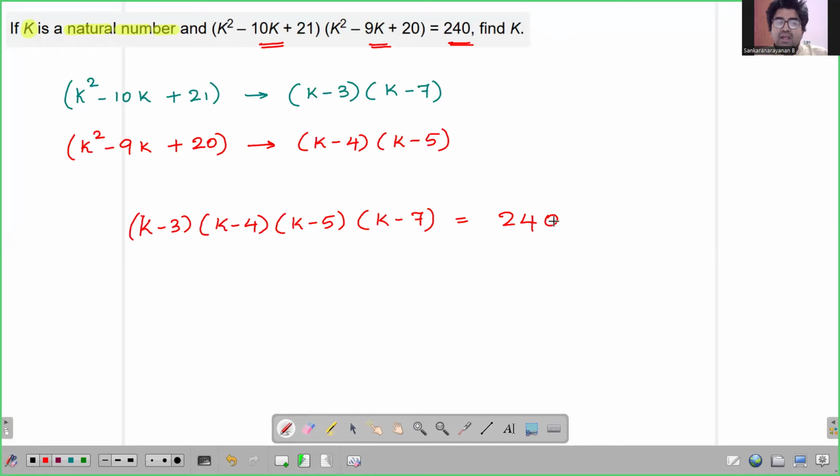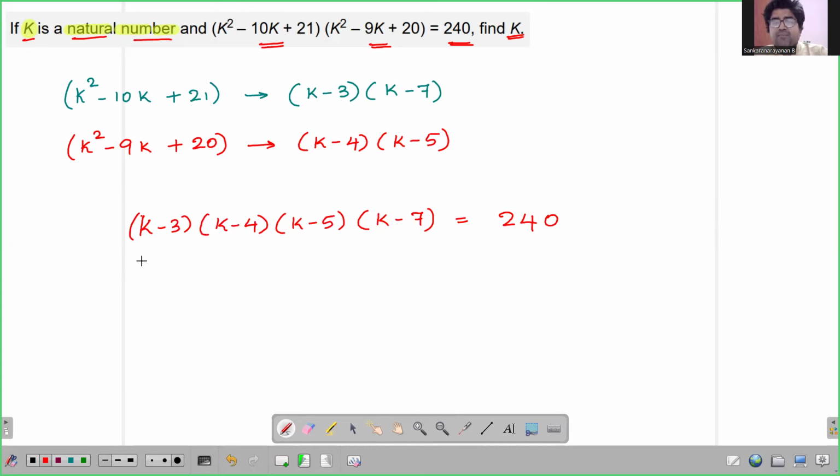Okay. Now, we have to find out what is going to be that value for k. When I'm taking this product, it is coming as 240. Since there is a presence of a 0 here, just randomly I can consider what will happen if I put k equal to 10. Please note k is a natural number. I'm just trying it.